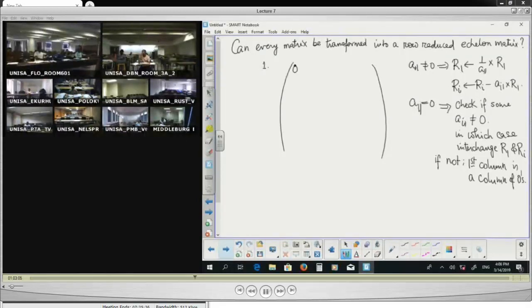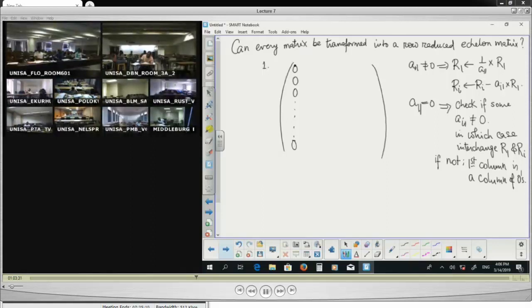Right? So suppose you have this whole first column as a column of zeros. Now what do you do? So the leading entry over here in the first row is not here. So you have to go and search here. Okay?